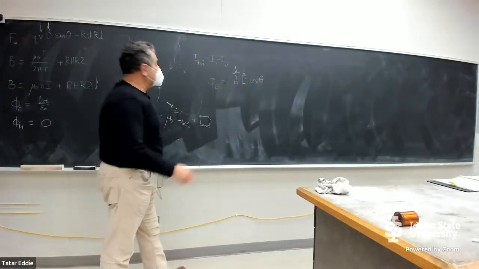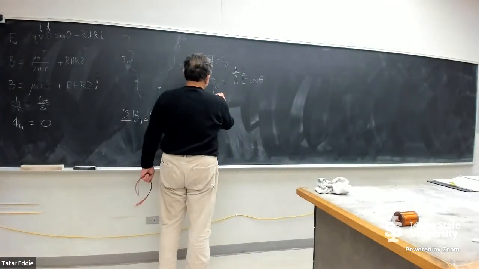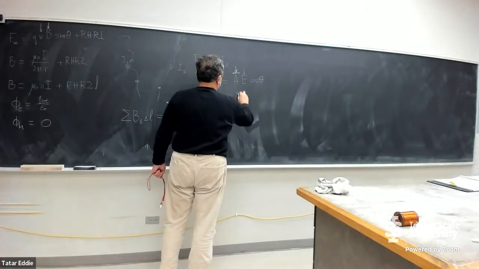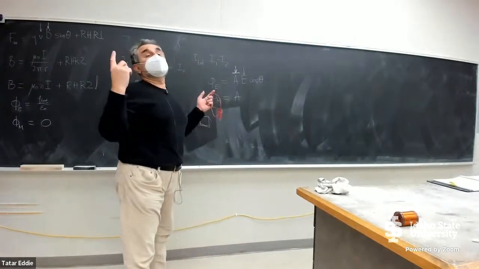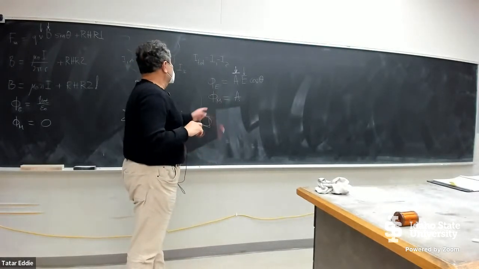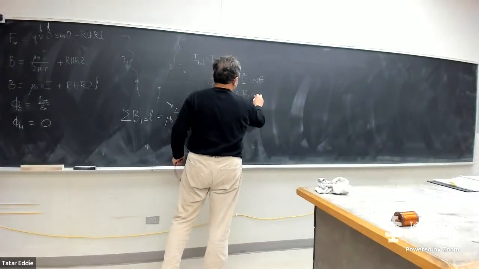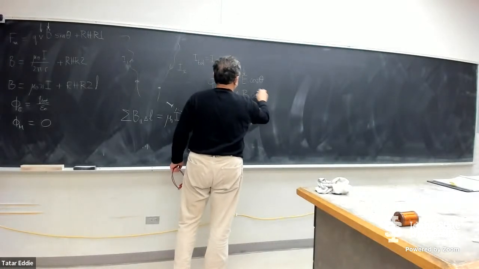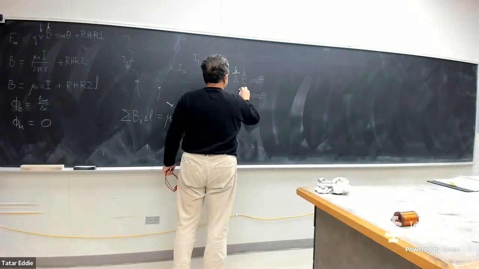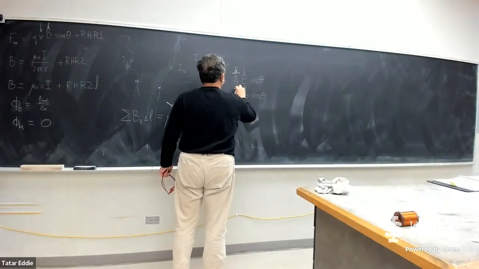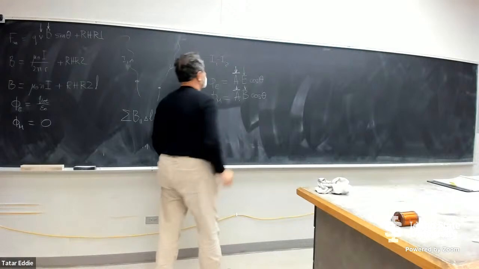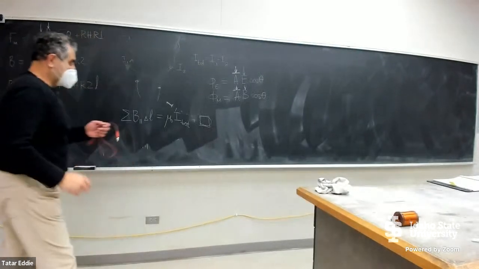In a similar manner, the definition for magnetic flux through a certain area is the area multiplied by the magnetic field multiplied by the cosine of the angle, again between the magnetic field and the normal to the area.